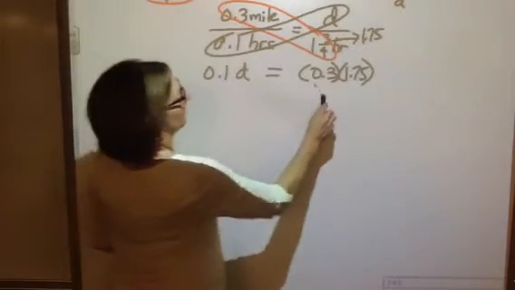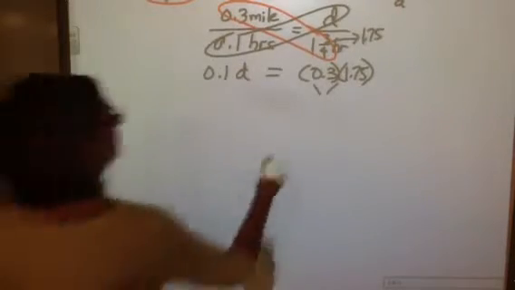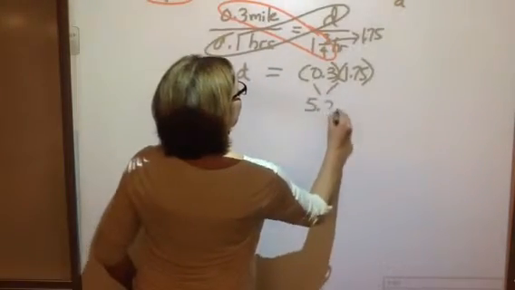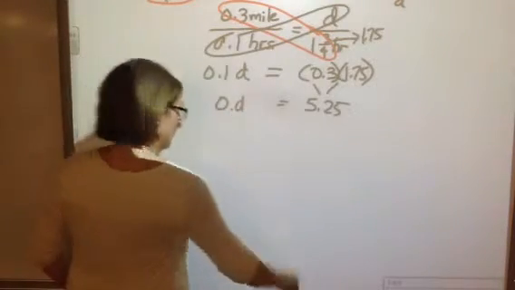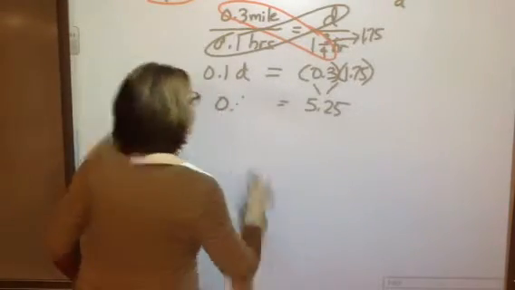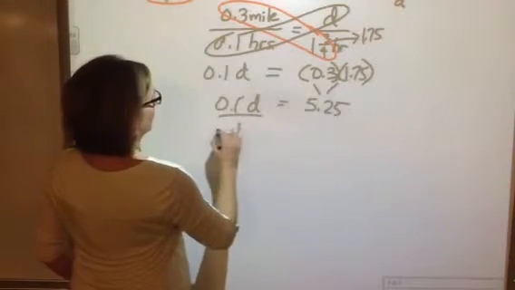So now we need to multiply 3/10 times 1.75. And when we do that, we get 0.525. And that's equal to 1/10 D. So now we're going to divide both sides by 1/10.